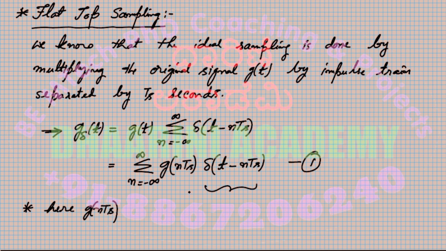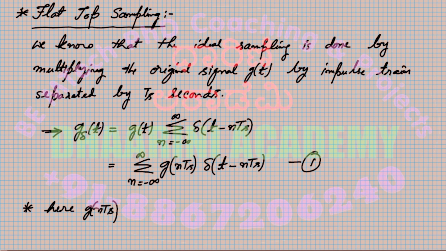Each impulse gets multiplied by g of n Ts, which acts like a scaling factor, so we can call it a weight. The weight gets multiplied to the delta function wherever the delta function exists.